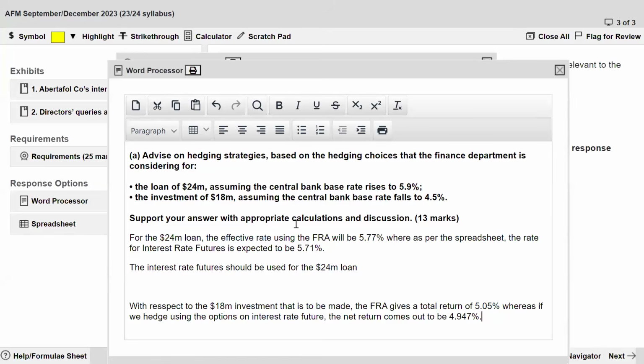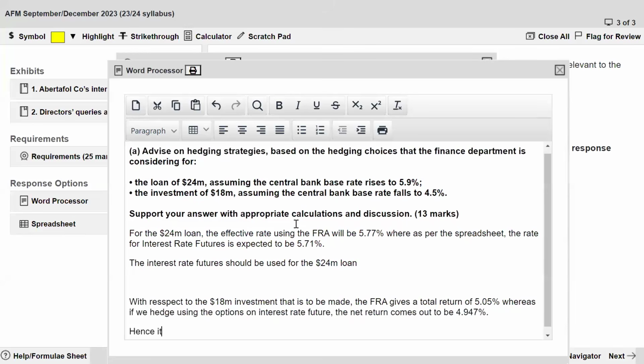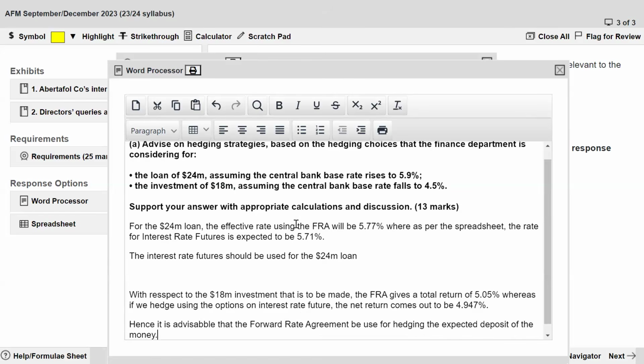So hence it is advisable that the forward rate agreement be used for hedging the expected deposit of the money.